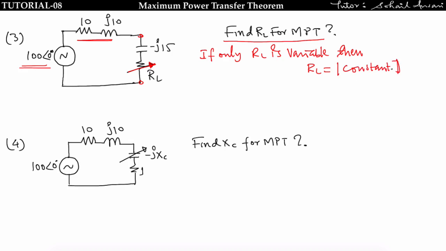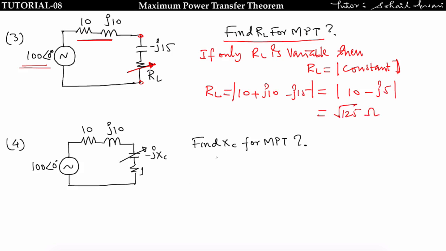Got it? Hence RL is equal to mod of 10 plus J10 minus J15, that is equal to mod of 10 minus J5. You will get under root 10 square plus 5 square, that is 125 ohm.